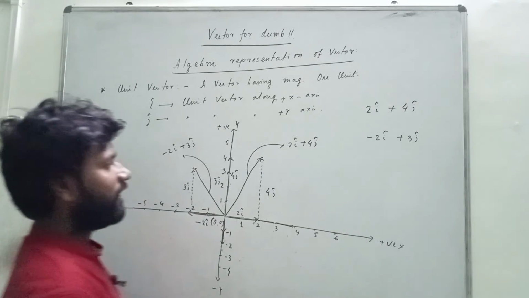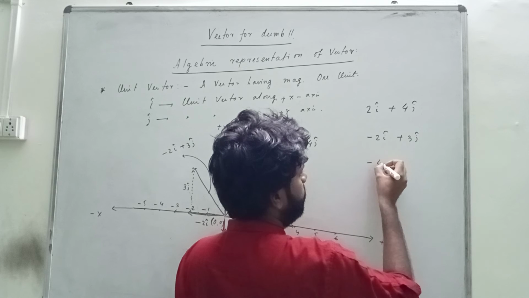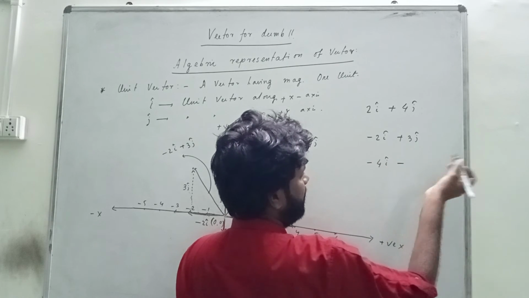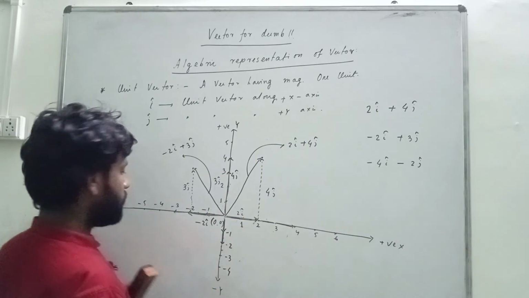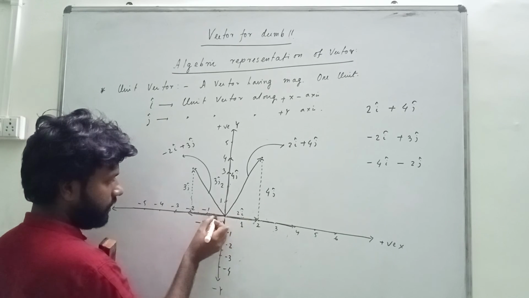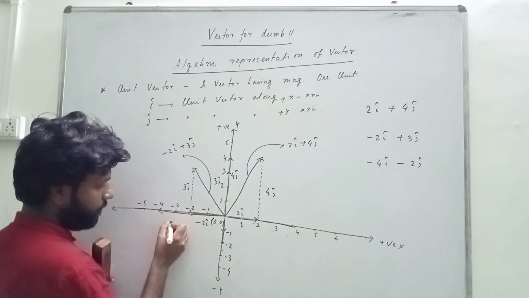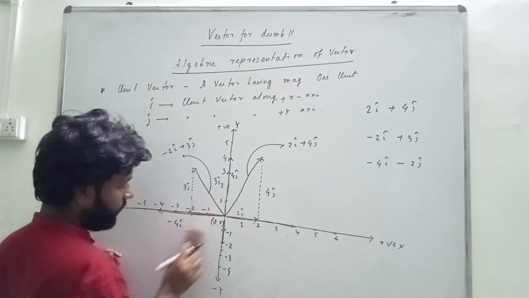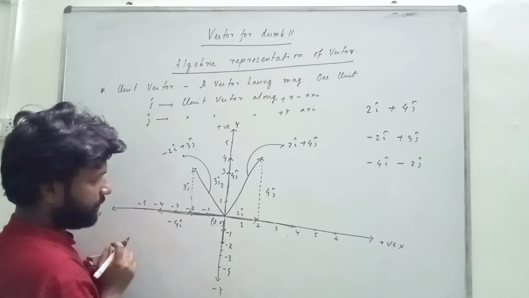Okay, and what will be the minus 4i cap minus 2j cap? Minus 4i cap means from here it is 4 units there, so from here to there it is a minus 4i cap.